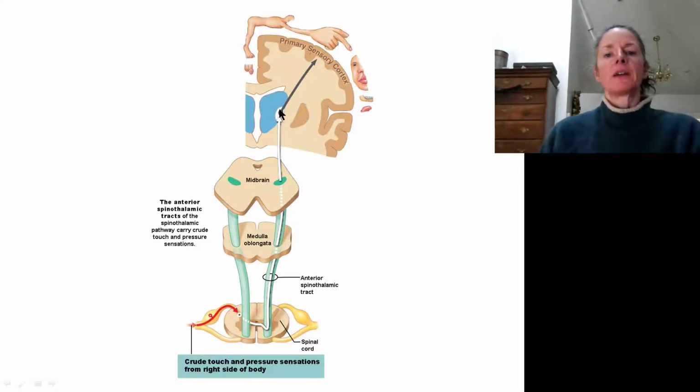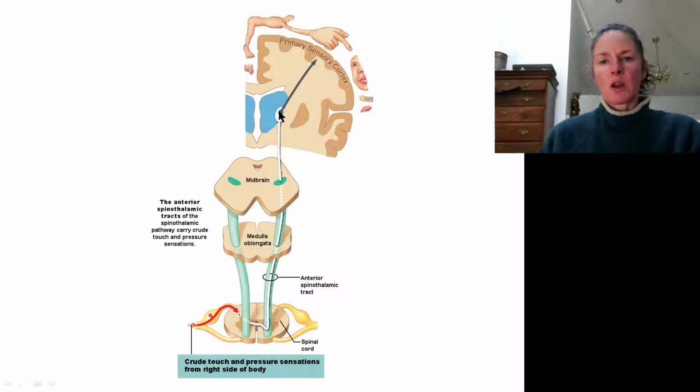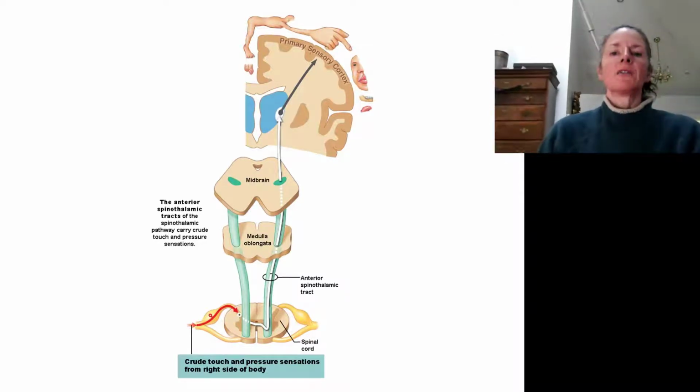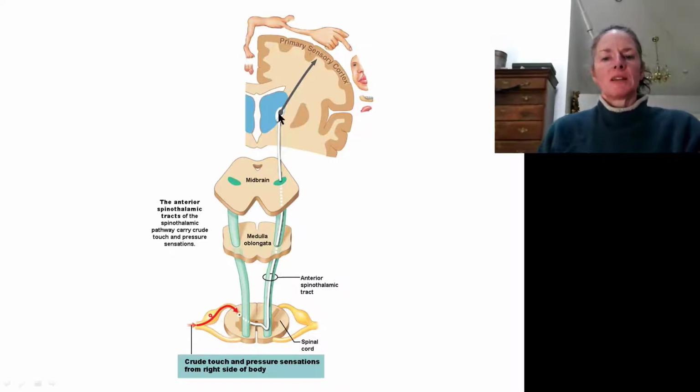And then from there, that information will be processed, sorted. What doesn't need to be sent up to primary sensory cortex for additional information, that will be filtered out. So this would be an irrelevant stimuli. Something that is relevant will be processed and then relayed up to the primary somatosensory cortex.